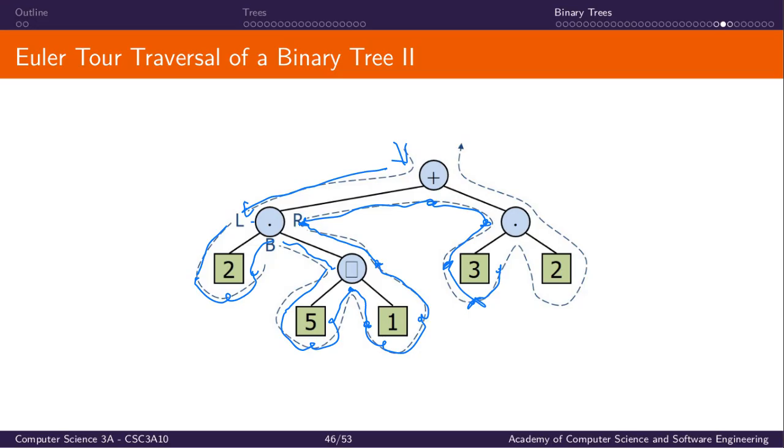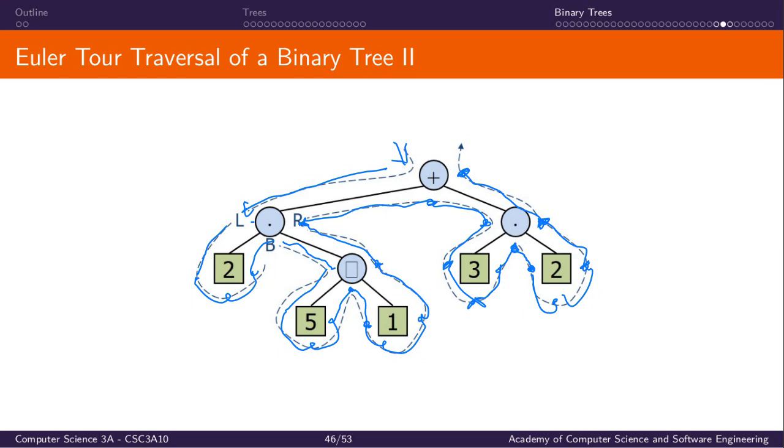Then we visit the parent of that node from below, then the right child of that node from the left, then below, then on the right, visit the parent that was the right child of the root from the right finally, and then the root from the right. So you'll note we visited each node 3 times.